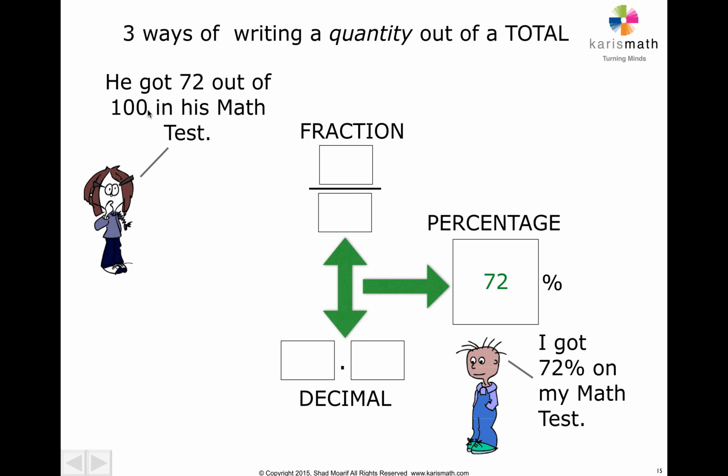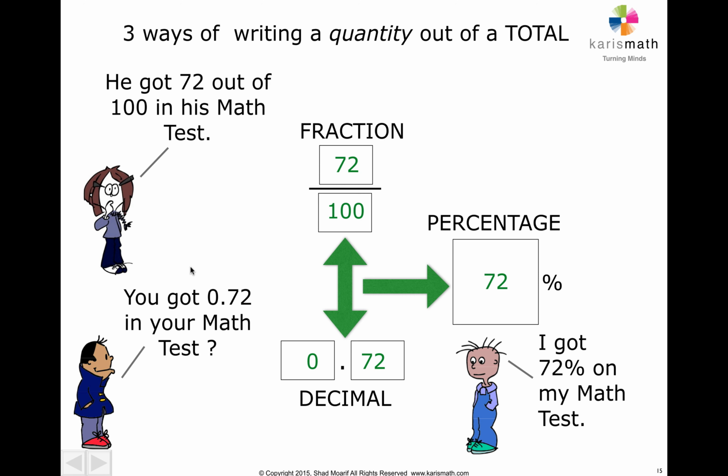So he got 72 out of 100 on the math test. That's how you think about it. In decimals, you'll say, oh, 0.72. That's what he got in his math test. Now, this gentleman thinks that's very low grades, but actually, it's 72 out of 100.